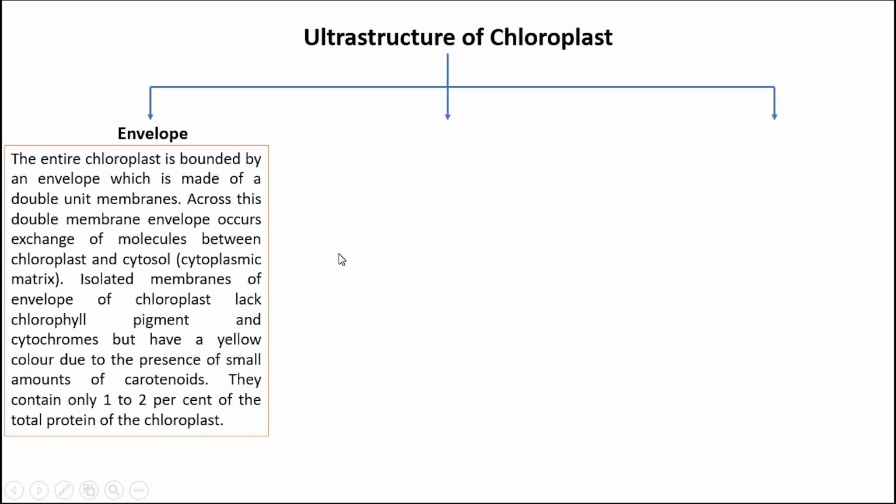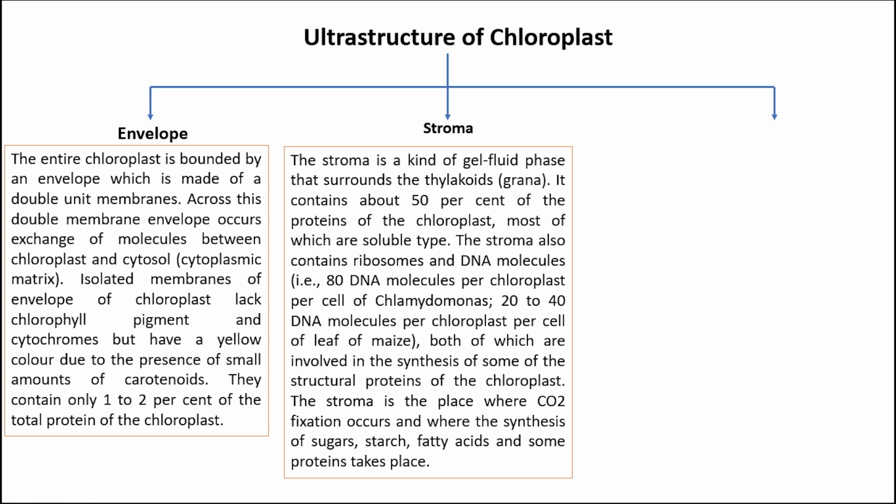Second, stroma. The stroma is a kind of gel fluid phase that surrounds the thylakoids. It contains about 50% of the proteins of the chloroplast, most of which are soluble type.